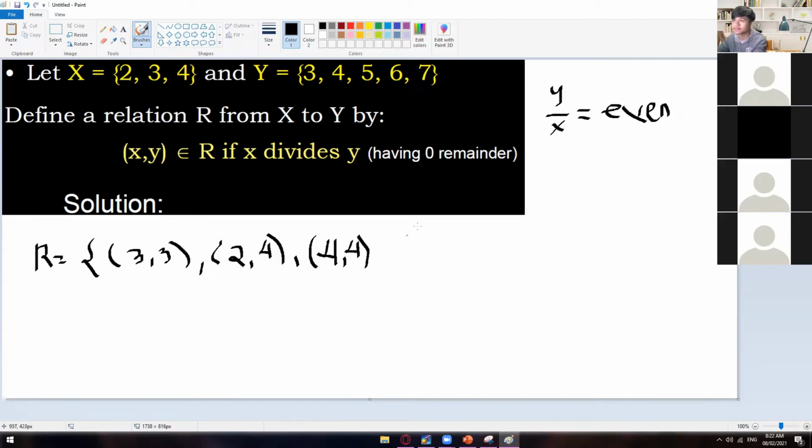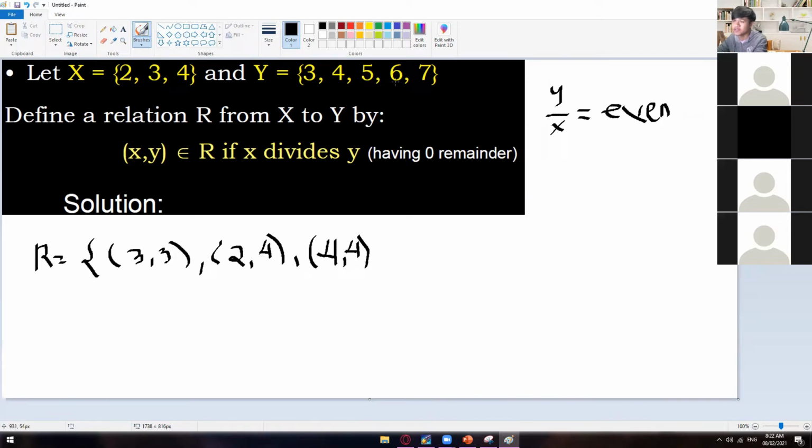But when it comes to the second condition, we have to follow this format, Y divided by X. So how about 5 divided by 2, 5 divided by 3, and then 5 divided by 4? Is there an element or coordinates wherein it's equal to even or having a remainder of 0? None, sir.